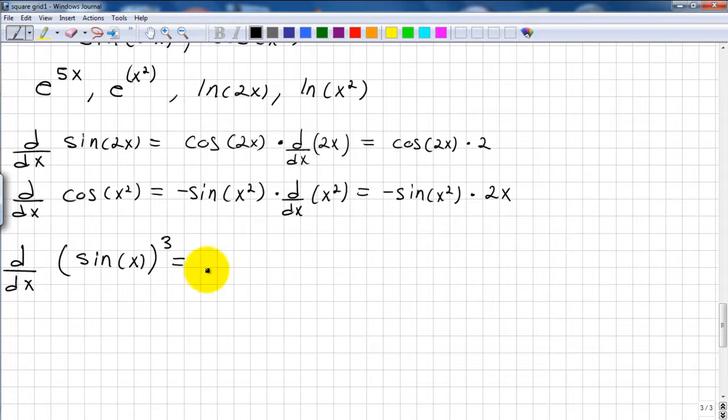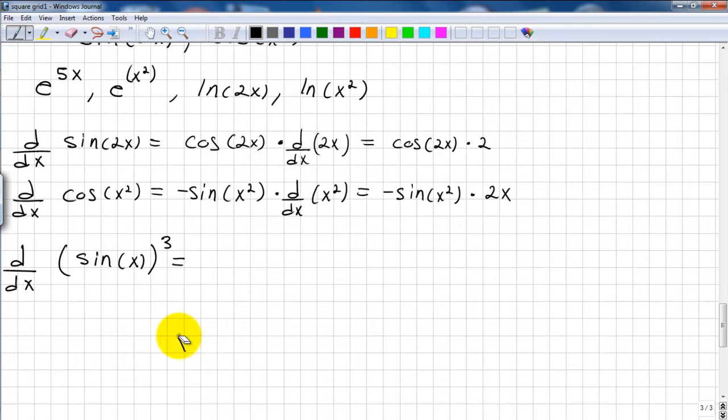So the derivative of the outside, if you remember this rule, so now we're going to apply the same rule. In other words, we are treating sine as if it were x.